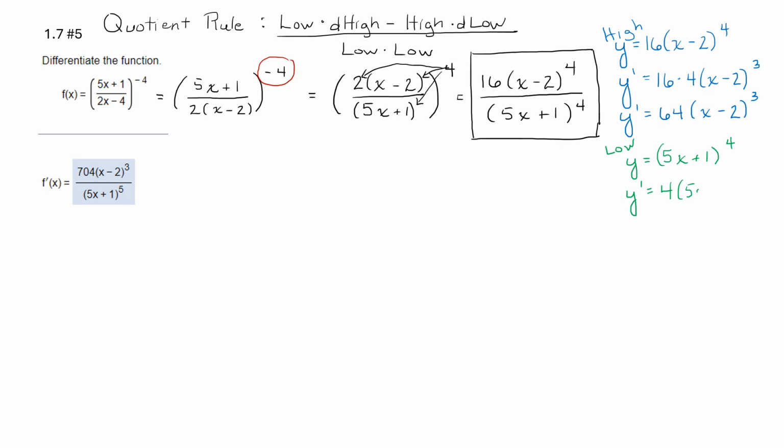We leave the inside the same. Reduce the exponent by 1, so it becomes a 3. And then you take the derivative of the inside. So the derivative of 5x plus 1 is 5. And when I multiply the 4 times 5, we're going to get 20 times 5x plus 1 to the third.